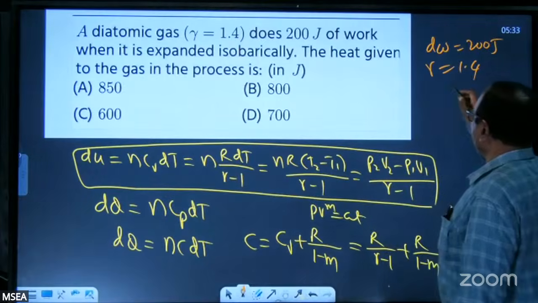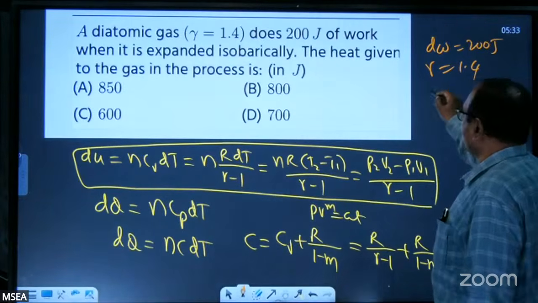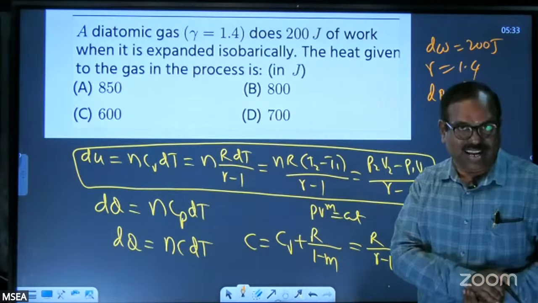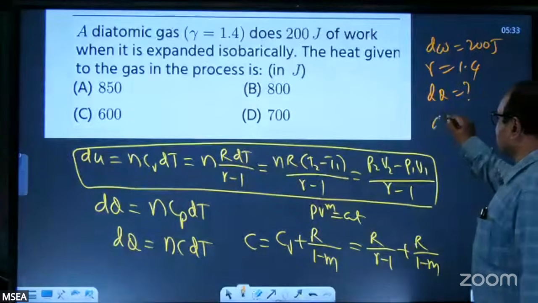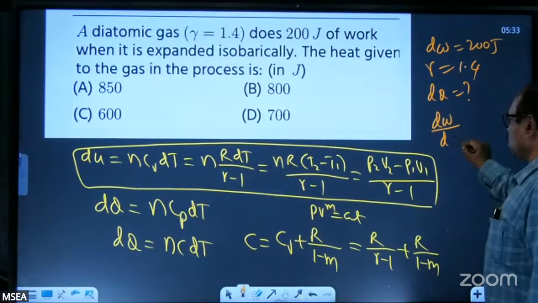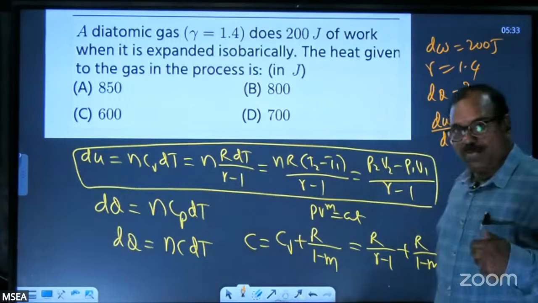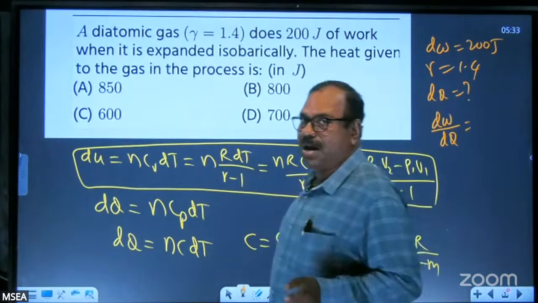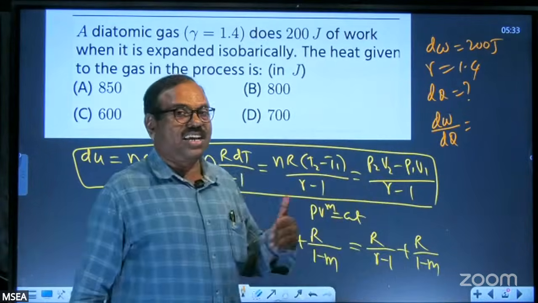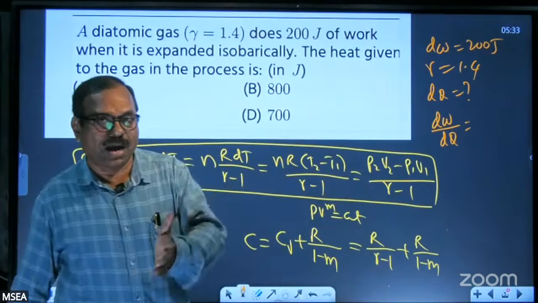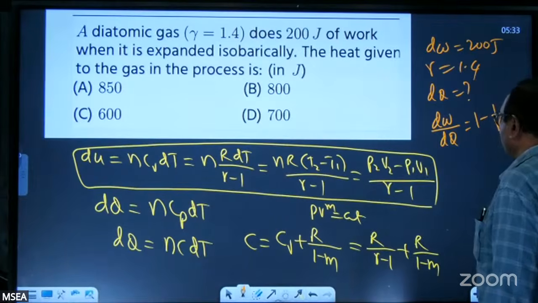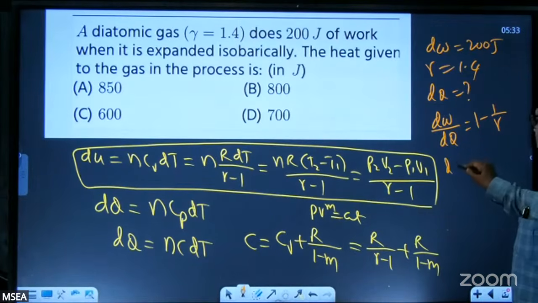So what you have to find is the heat given to the gas, dQ. As I told in the previous slide, dU by dQ is equal to 1 by gamma, whereas dW by dQ is equal to 1 minus 1 by gamma.